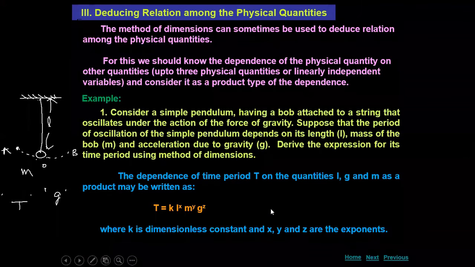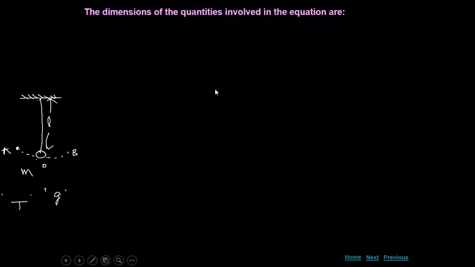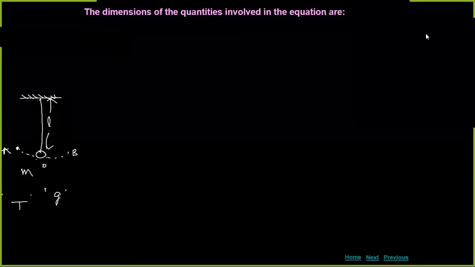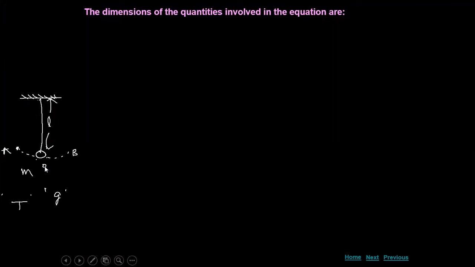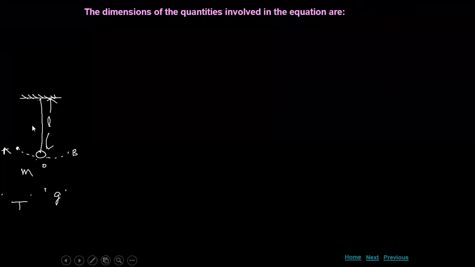Now, if we continue further, we have taken time period depending on three things. For those three things, the dimensional formulas should be written: mass, acceleration due to gravity, and length. If I write them, for mass only M will be there, that's the reason L and T powers I made 0. For length, only L will be there, and M and T powers I made 0.